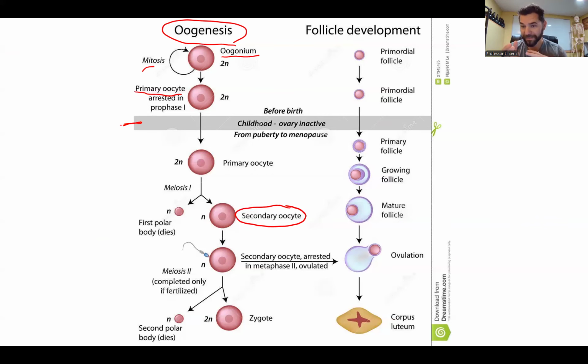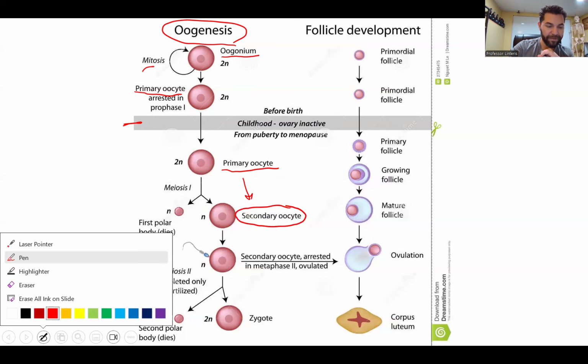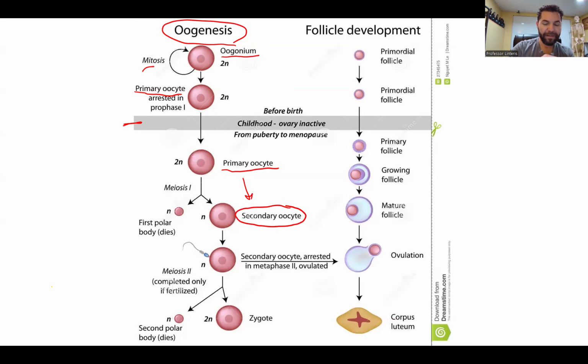Once puberty hits, the primary oocyte completes prophase 1 and goes through meiosis 1. This is where these primary oocytes turn into a secondary oocyte. Now, what's significant about this is we only want to make one egg.